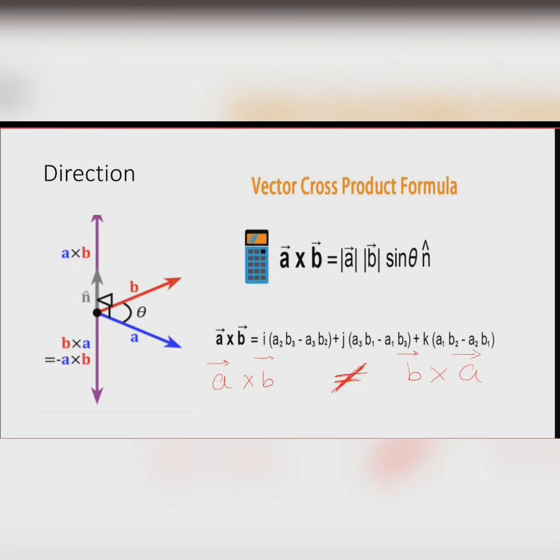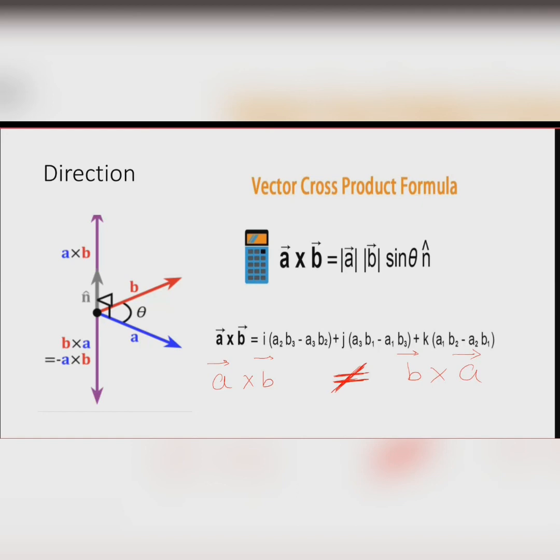It is not equal. So that's what I'm coming to. Like we did for the scalar product, we saw that A dot B was the same as B dot A. But A cross B is not the same as B cross A because the direction changes and it's a vector quantity. If the direction is changing, then we cannot say that the result is the same. So A cross B is not equal to B cross A.